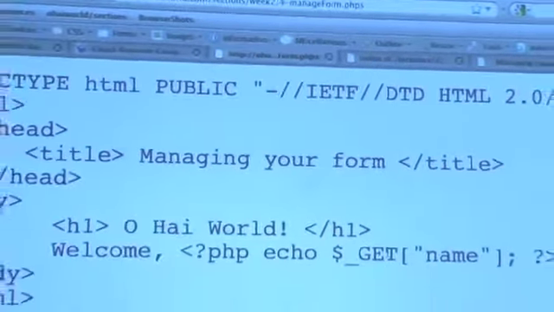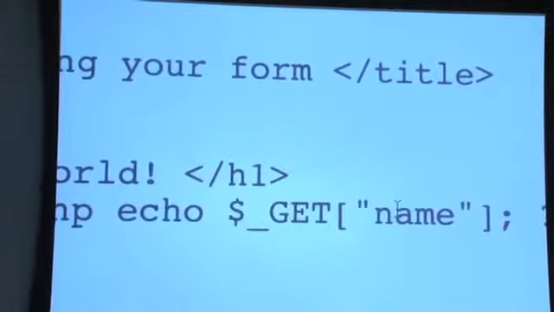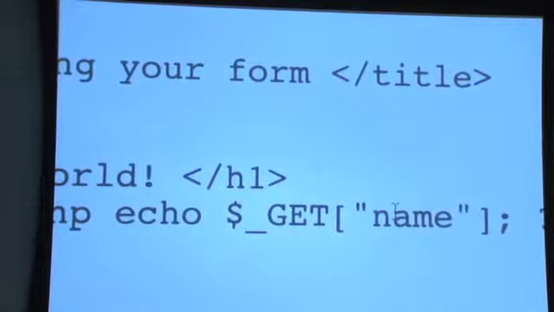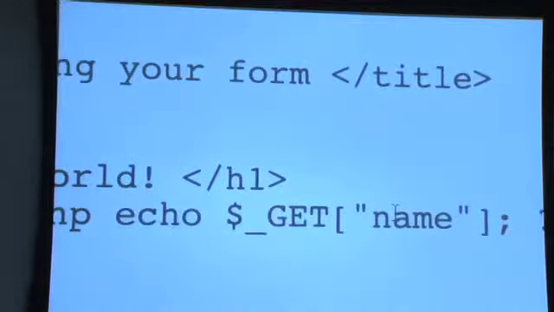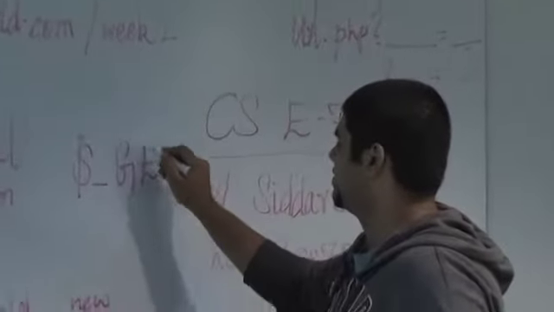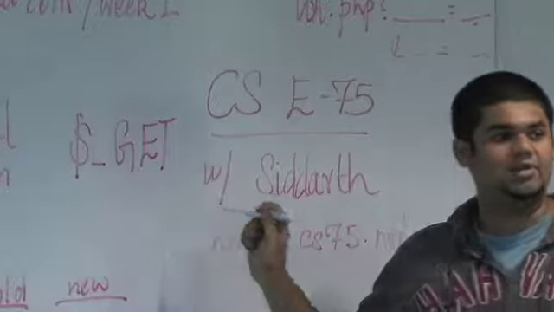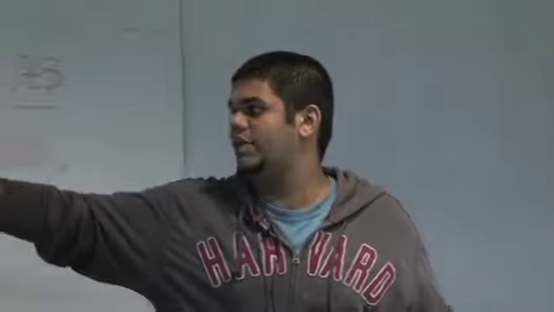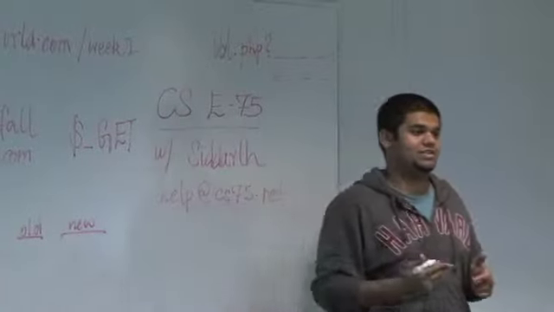Here, this GET actually grabs that variable called name. Going back to your question before, when you give it that in the URL, this $_GET is a global variable. Variables in PHP always start with the sign $, and this global variable is called GET. So all the attributes that you passed in the URL get stored in this sort of hash.